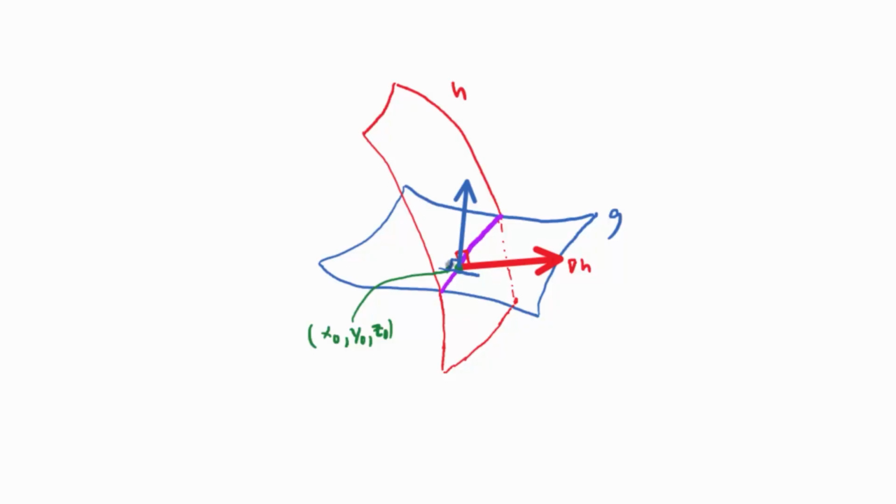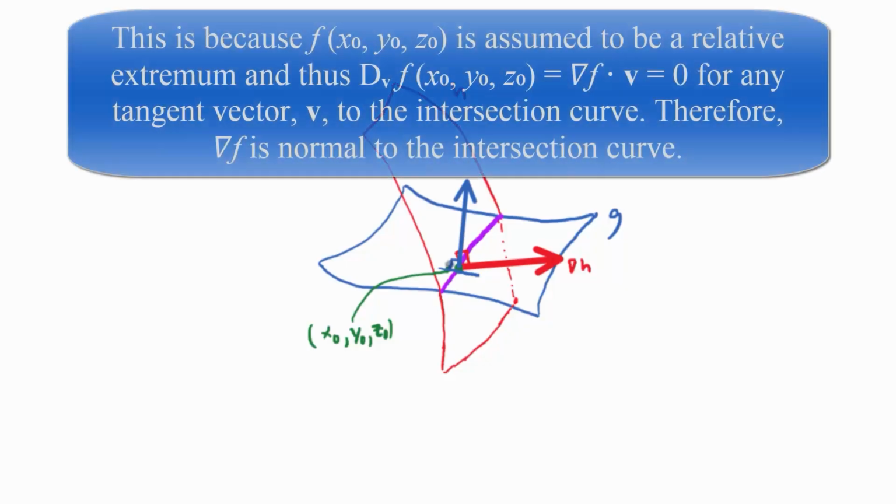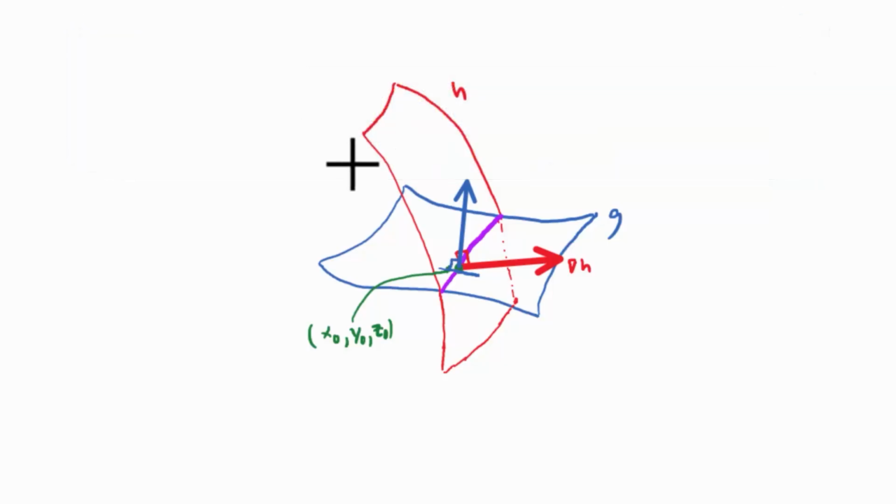And it's reasonably easy to prove that del F evaluated at x naught, y naught, z naught will be normal to that curve of intersection, that constraint curve. And in space, there's lots of ways del F could be normal to that curve in purple, right? So del F will be in green. Where could del F be?